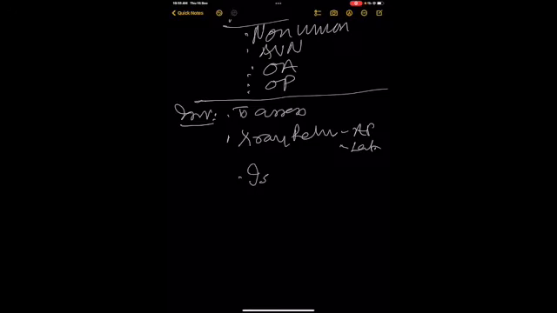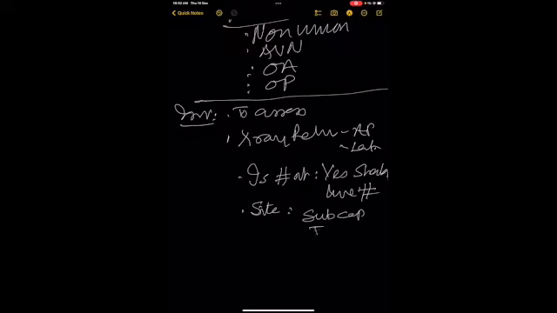Is fracture present? Yes, if Shenton's line is broken. The second question is site, which is subcapital, transcervical, basal. Then displacement: adduction, external rotation, flexion.